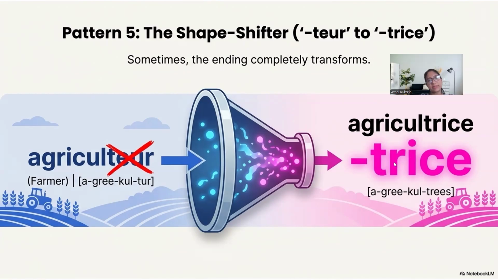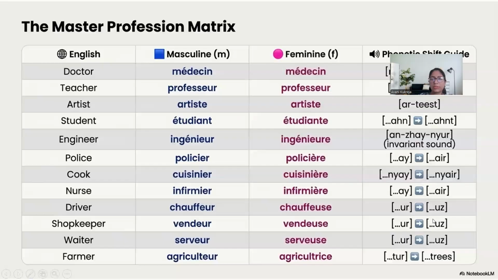It will not remain the same sound for male and female; that's the difference. Teur for masculine, trice for feminine. Agriculteur, agricultrice.